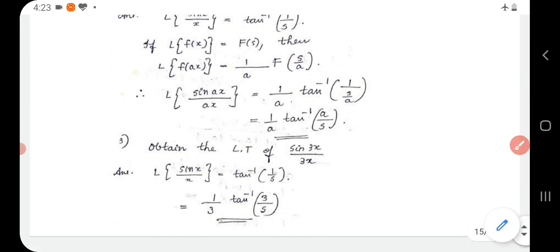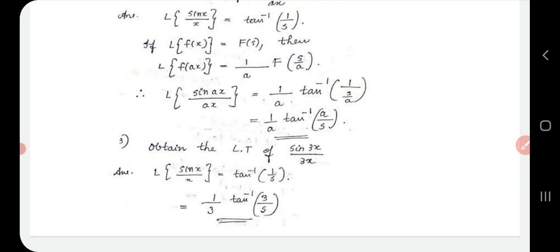So based on that, we will have a problem. You are asked to find the Laplace transform of sin 3x by 3x. So first identify that this is of the form Laplace transform of sin ax by ax. What was the formula? 1 by a tan inverse a by s. Here your a is 3.